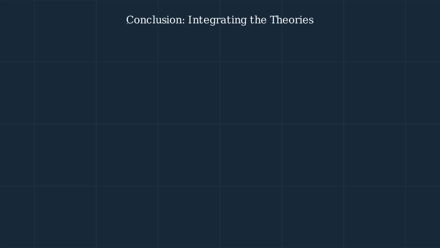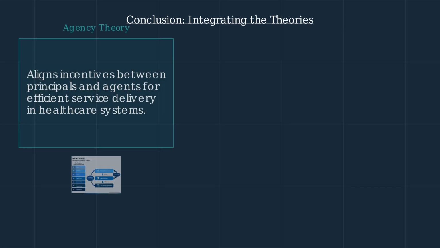In this final section, we'll explore how integrating agency theory, diffusion theory, and general deterrence theory can create powerful tools for public health interventions. Agency theory helps align incentives between health systems and providers, ensuring efficient service delivery by addressing information asymmetry and moral hazard.